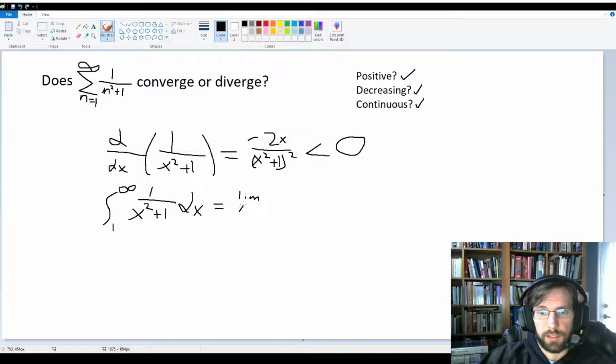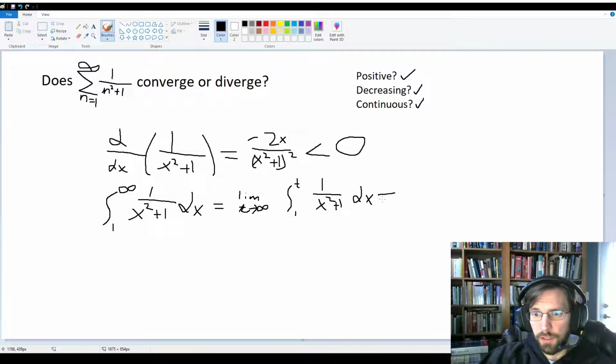Limit as t goes to infinity of the integral from 1 to t of 1 over x squared plus 1 dx. So this is a basic antiderivative, if you don't remember. Antiderivative of 1 over x squared plus 1 is in fact arctangent.